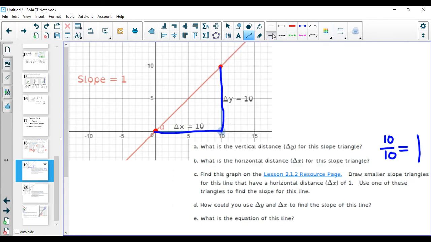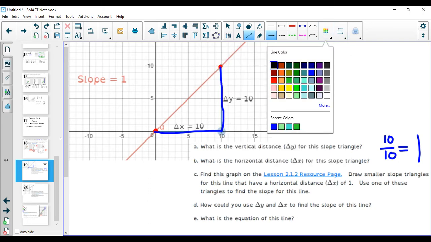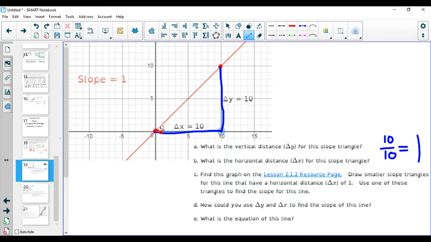So I'm gonna make this into red. So if this is 5, then we must be going by ones for each square. So if I go over 1, I go up to the line, and it has also gone up 1. Over 1, up to the line, it went up 1. Over 1, up to the line, it's always going up 1, which happened to be our slope.